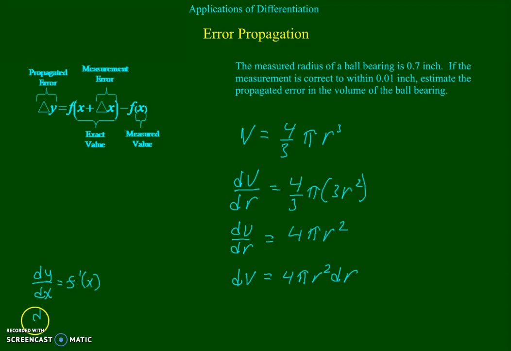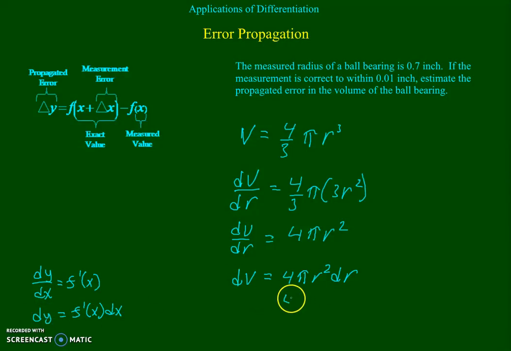And we said the differential form is dy equals f prime of x dx. So this dx comes up here. This is f prime of x, in this case f prime of r. So this is our derivative, and this dV is our change in volume. So that's differential form.